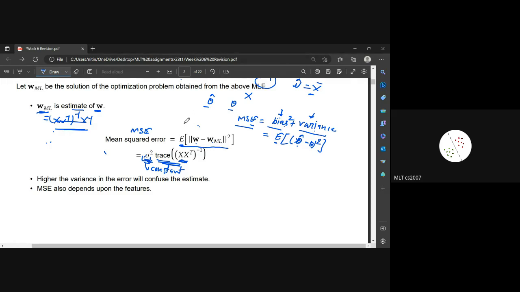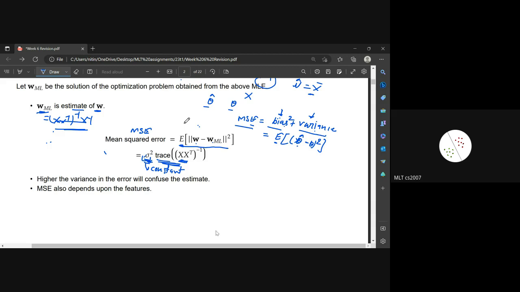That we have estimated as W, and we are calling that WML. So the true value W is actually W star, the optimum value of W for a data set having infinite values, right? Not infinite, you cannot call it infinite. I'm not sure whether it's the right thing to say.